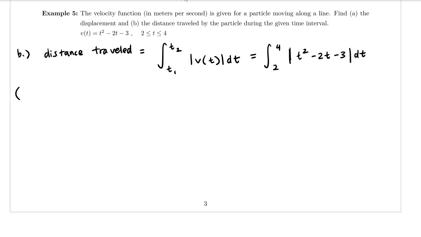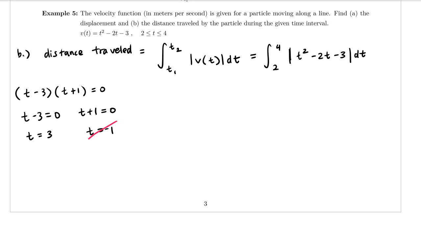So we have t squared minus 2t minus 3. That factors into t minus 3 times t plus 1. And if I set that equal to 0, and I use the zero product principle, I get t minus 3 is equal to 0, and t plus 1 is equal to 0. If I solve both of these for t, I get t equals 3 and t equals -1.